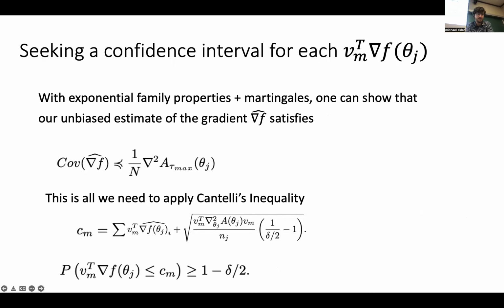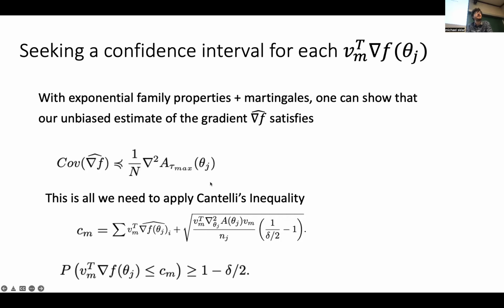And in fact, using properties of the exponential family, we are going to be able to establish a bound on the covariance of that estimate of the gradient. This here is the Hessian of the log partition function, and I've written it here as tau max.